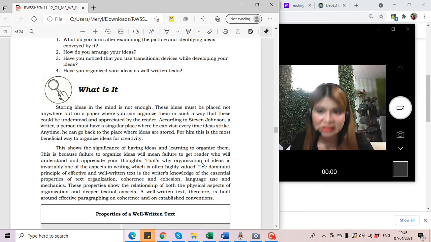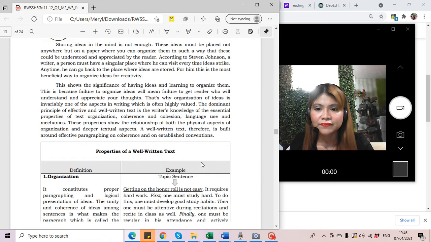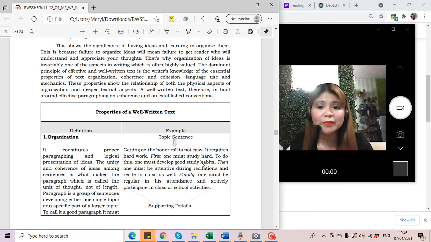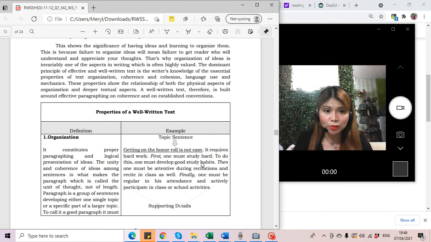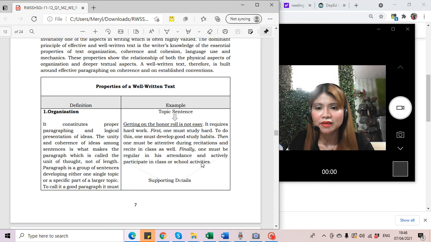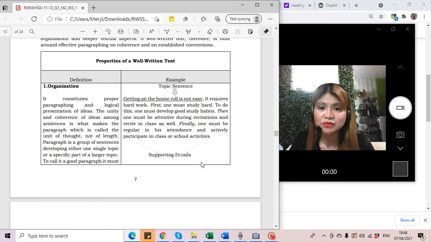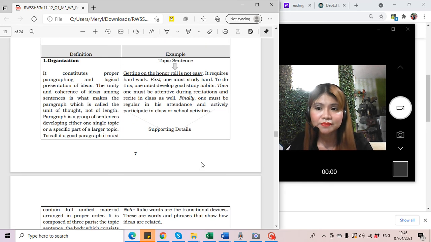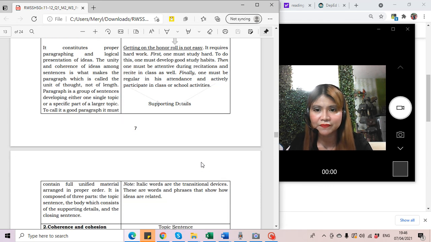Read What Is It? Read Properties of a Well-Written Text. When we say properties, ito yung mga bumubuo. Okay. Number 1, organization. Please read the example. How is organization defined? Or what's the definition of organization?